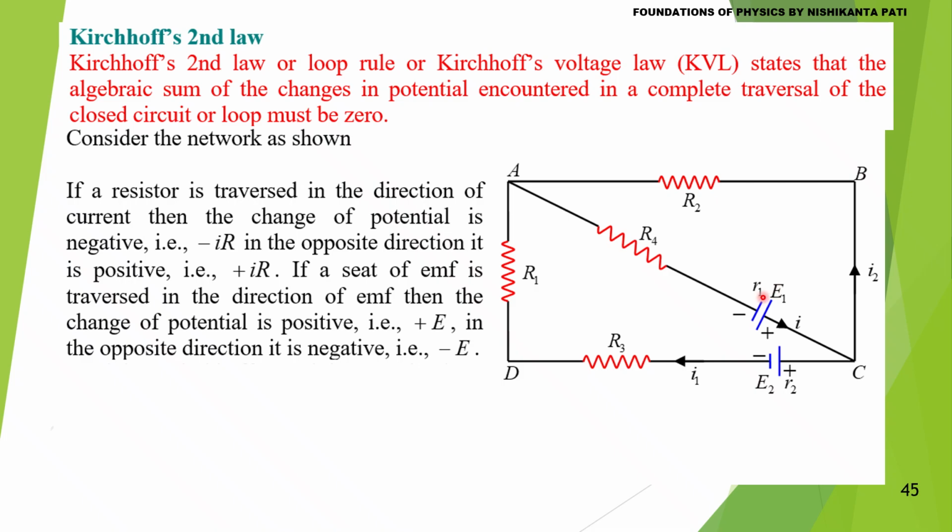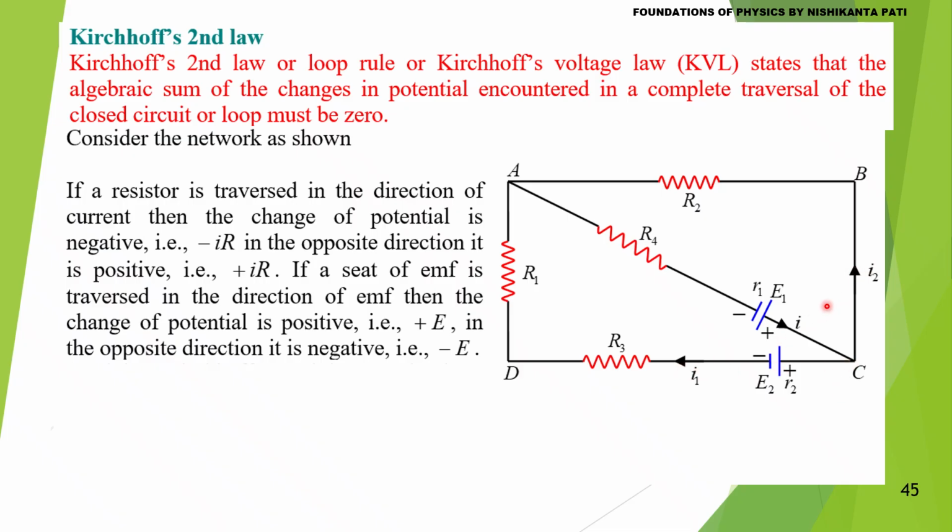Then from this cell's positive terminal the current we have to start. Then according to Kirchhoff's first law, however much current reaches, the same has to leave. So I is flowing up to C, then at C the current has to leave also I. So this way current leaving I2, this way current leaving I1.